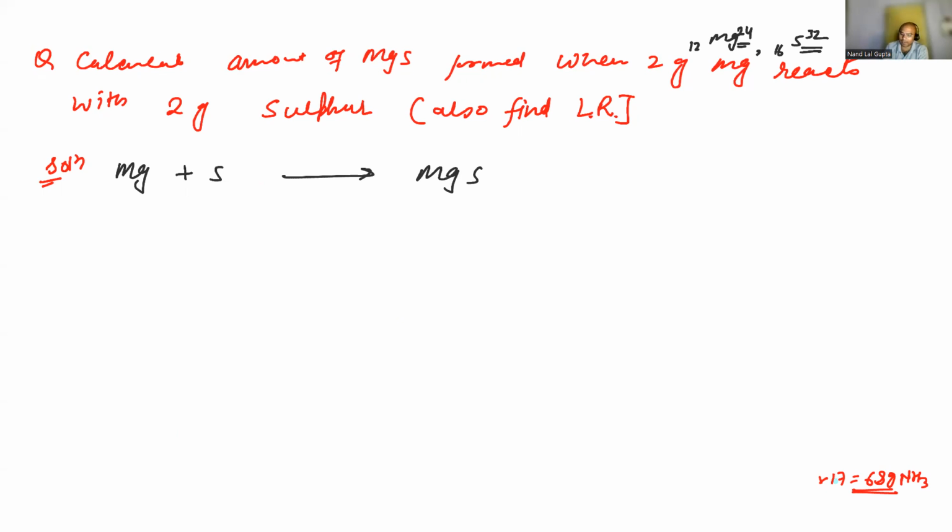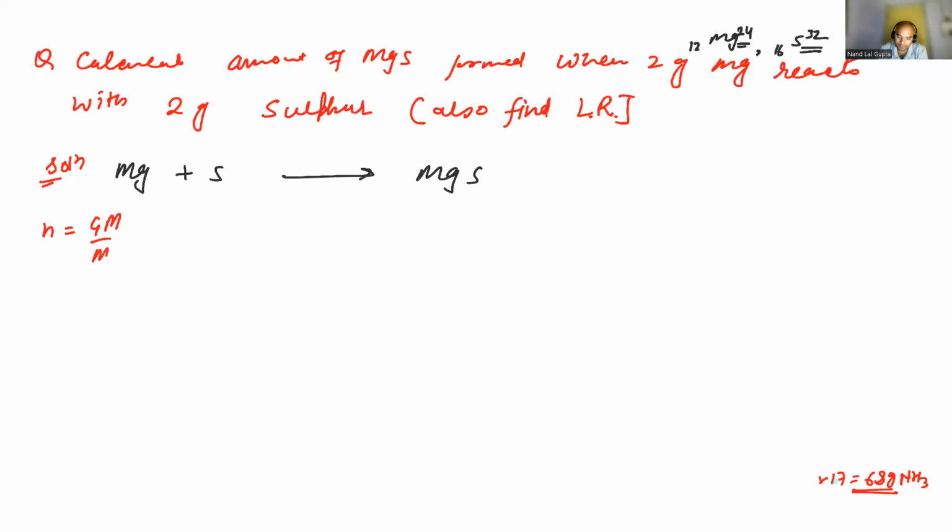Can you try, or should I solve? I can try. So it's one mole of magnesium, so it's 24. 1 mole makes 1 mole. Firstly, you need to calculate the mole.